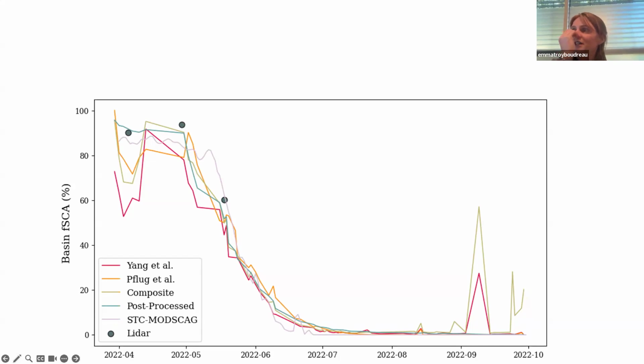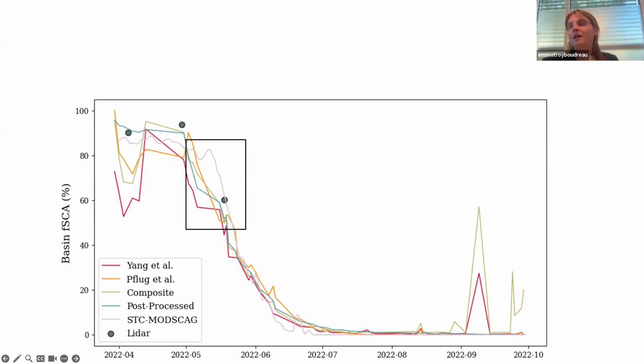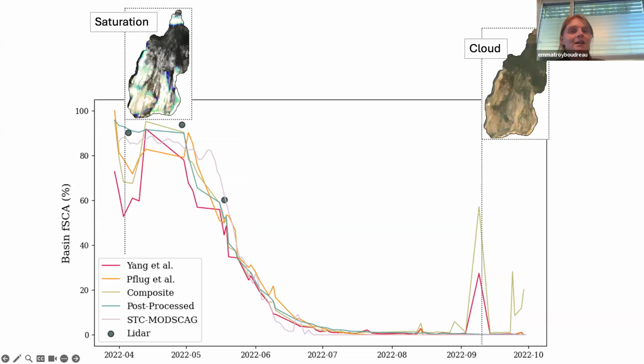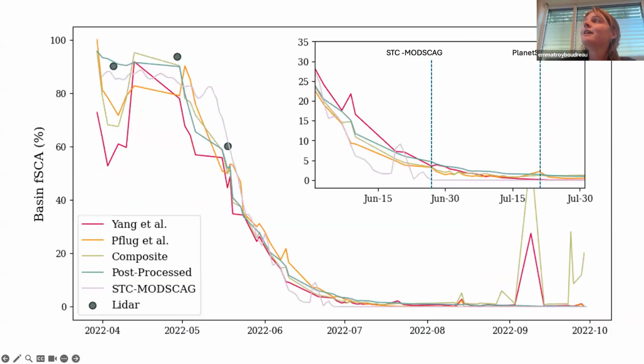And then we have the coarse resolution, spatially and temporally complete MODSCAG, and they match pretty well. I would say the coarser resolution product identifies a bit more snow, again in that 40 to 80 range that we talked about. And this is all of our time series together.